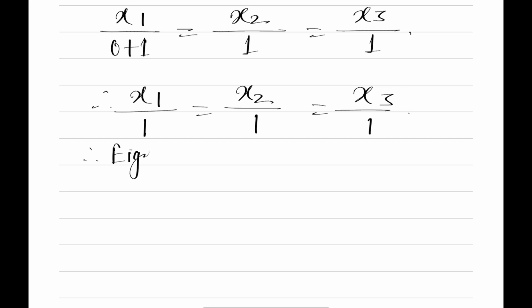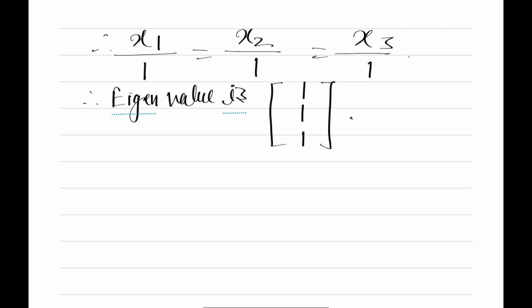Therefore the eigenvector is 1 1 and 1. This trick is applicable only for 3 cross 3 and distinct eigenvalues, not for repeated eigenvalues. If we have 2 repeated eigenvalues and 1 distinct eigenvalue, we cannot say the number of independent eigenvectors is always 3, as it depends on free variables.